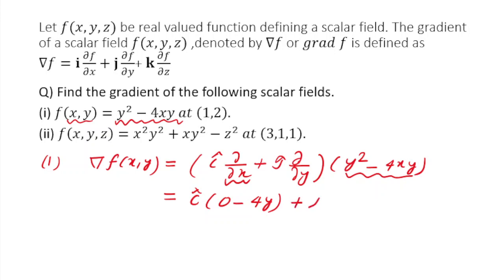Then I take j, and differentiating partially with respect to y, del by del y of y square gives me 2y, and minus del by del y of 4xy gives 4x, because x will be a constant and del y by del y is equal to 1. So this is the value that we get, which I can rewrite as minus 4y i plus (2y minus 4x) j.